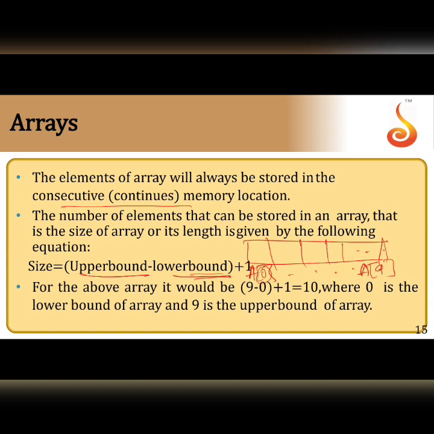So this subscript value would be the lower bound, not the value in the array at that location, but the subscript or the index value, and the upper bound would be 9. So it will be 9 minus 0 plus 1, which is nothing but 10. So 0 to 9 are 10 elements. Getting it? Please have a look.